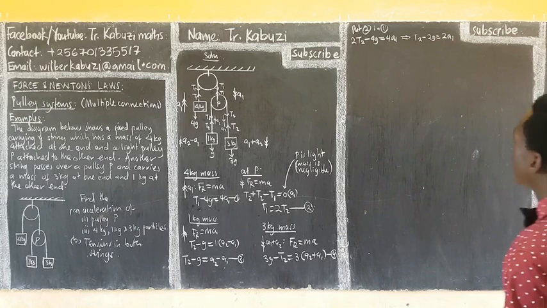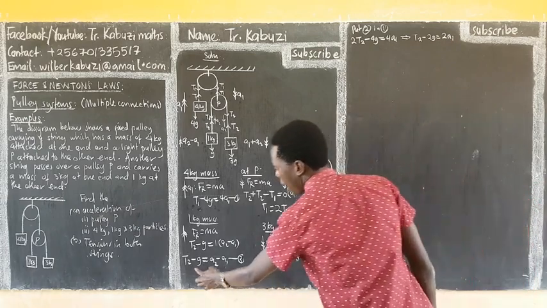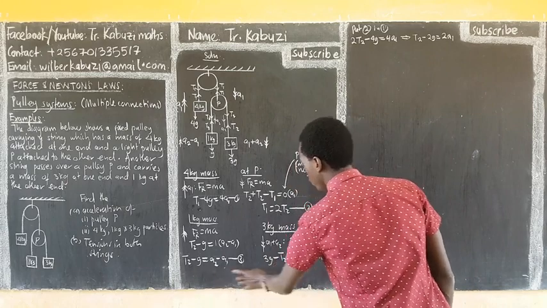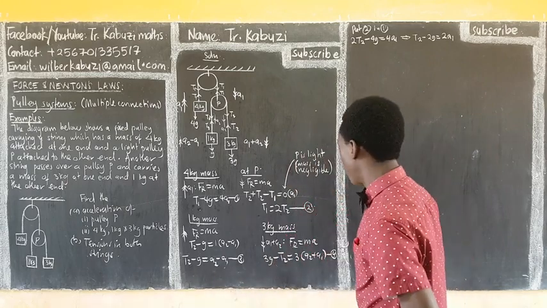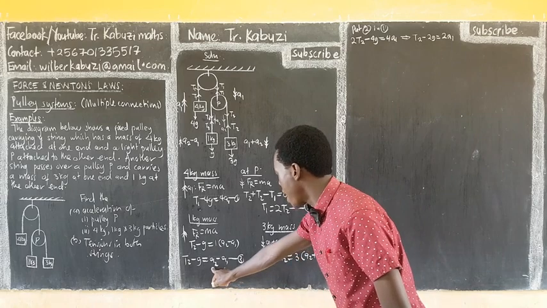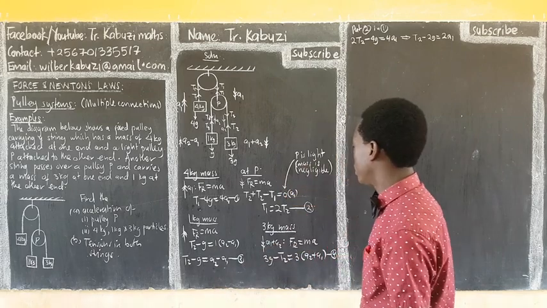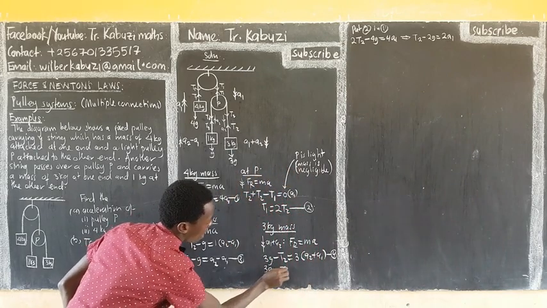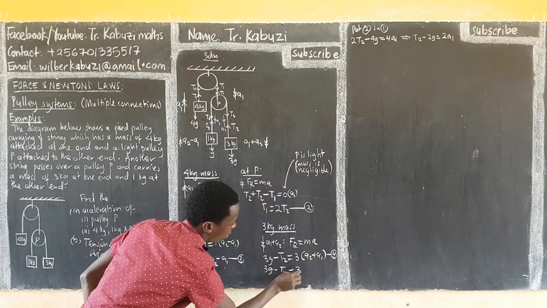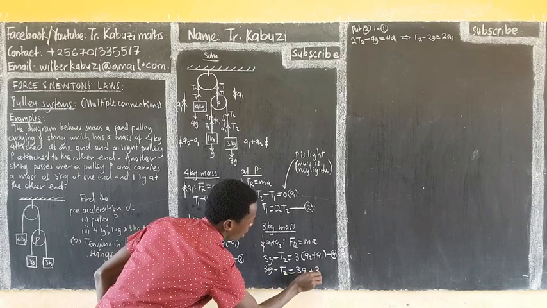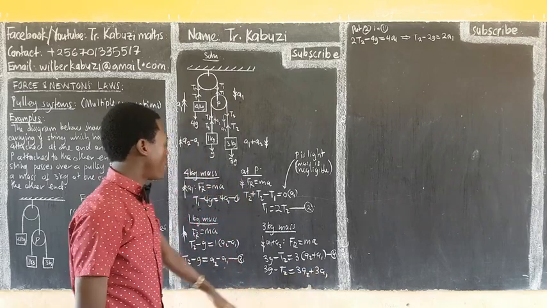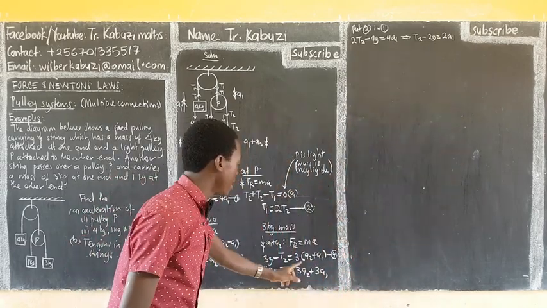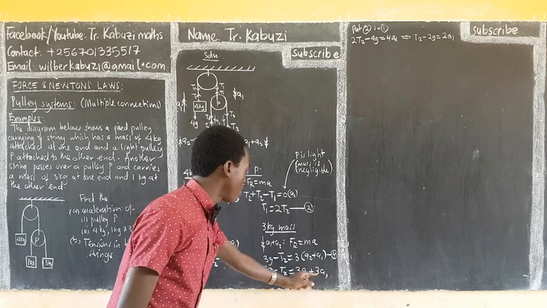Now we have T2 and we need to implement A2, so we are going to use these two. How am I going to eliminate T2? This one is the same as 3g minus T2 equaling 3A2 plus 3A1. Here I have T2 and A1, so I eliminate this.